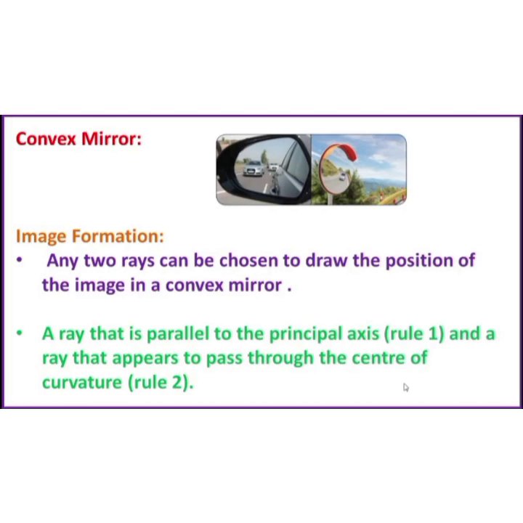Then a ray that appears to pass through the center of curvature C. So rule number 1 we already studied in image formation of concave mirror: a ray passing through the center of curvature C is reflected back along its own path.